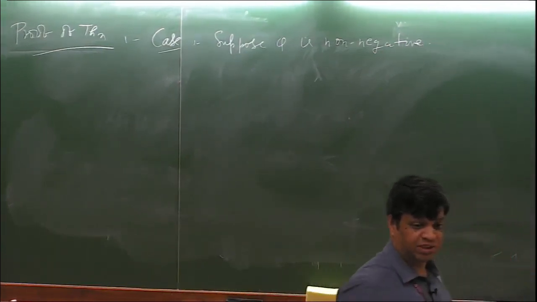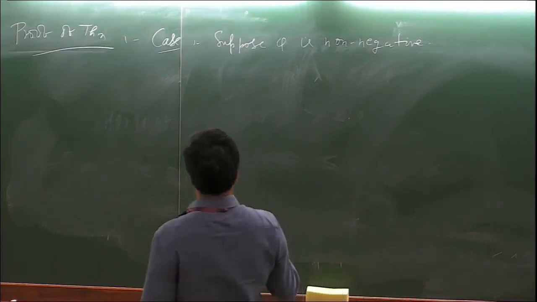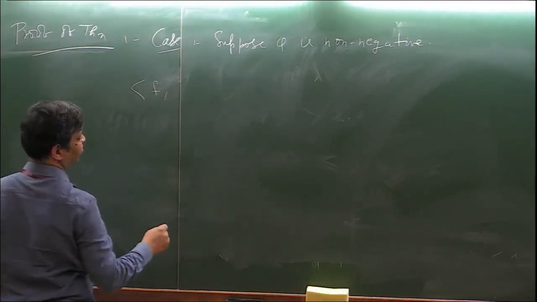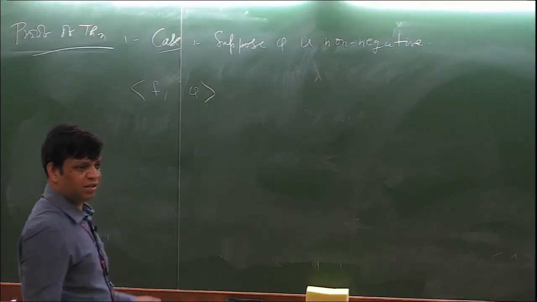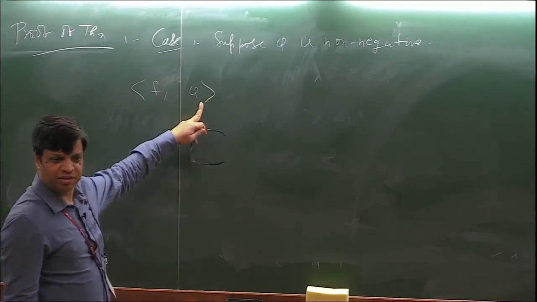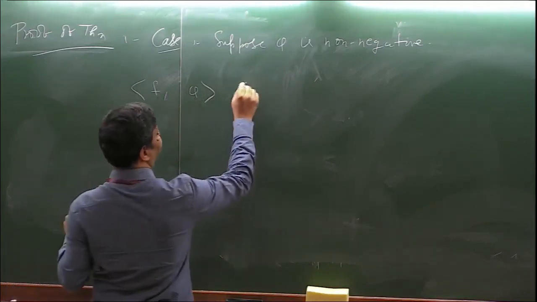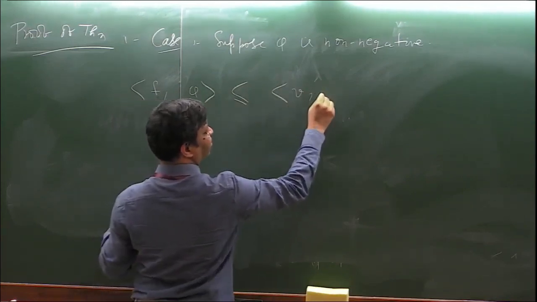That's a big assumption which will not be satisfied in general, and then what happens? F is non-negative, phi is non-negative, and F is dominated by nu, so I can write down nu phi.